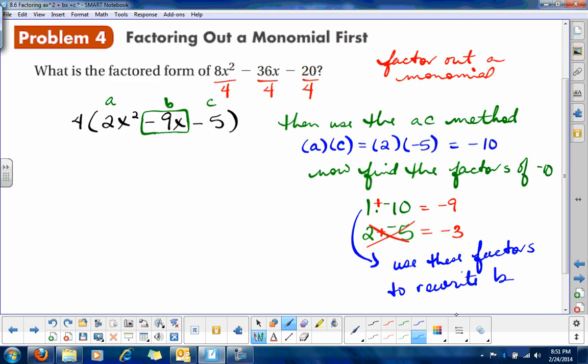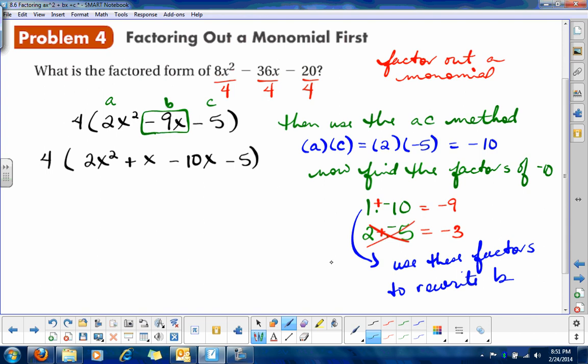So when we rewrite, remember we're going to bring down the 4, and now we're going to rewrite 2x squared plus x minus 10x minus 5.